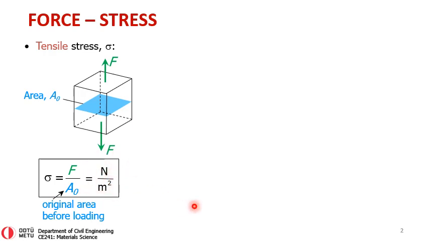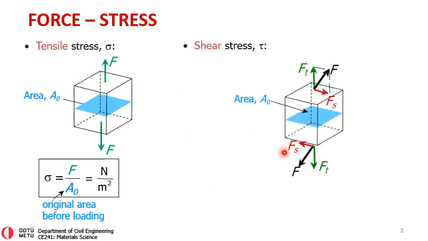If the same prismatic member is this time applied to a force like this, which is not normal to that side, now this force will have two components, one normal and one shear.